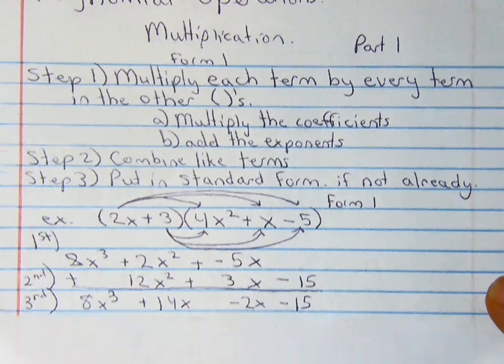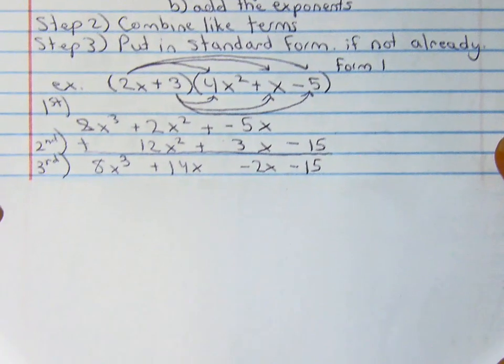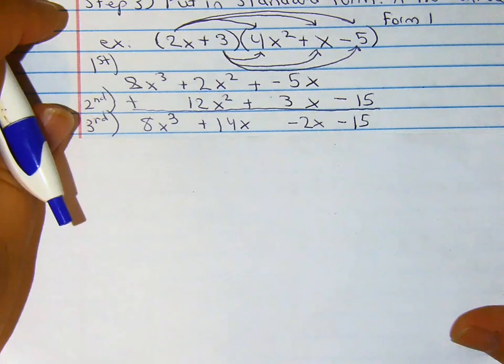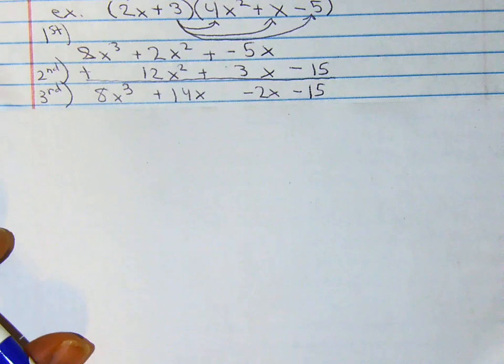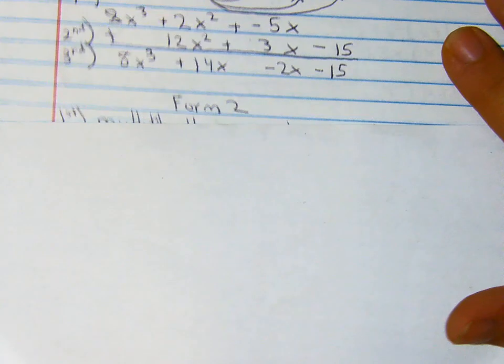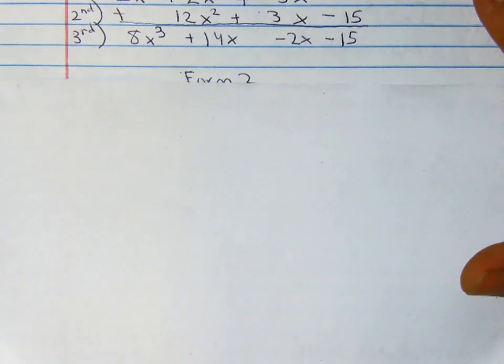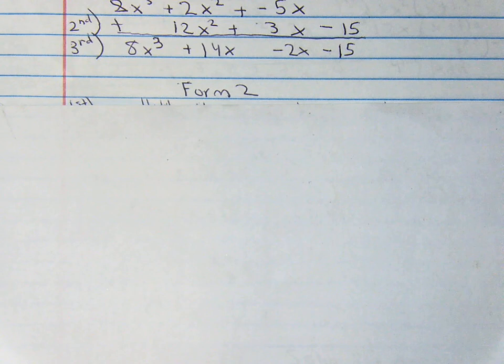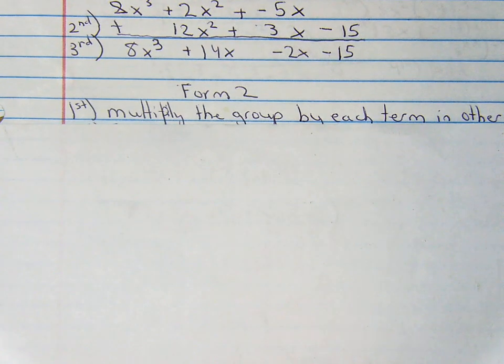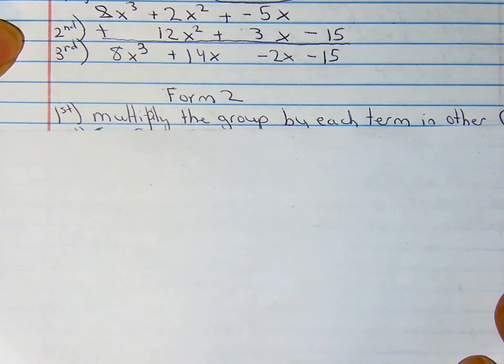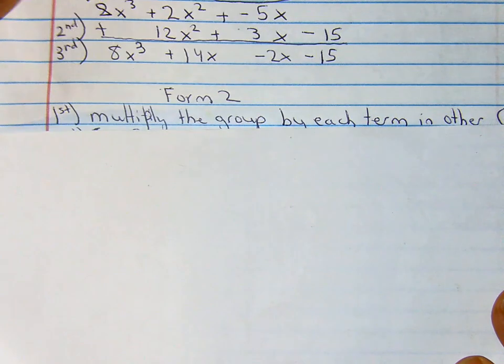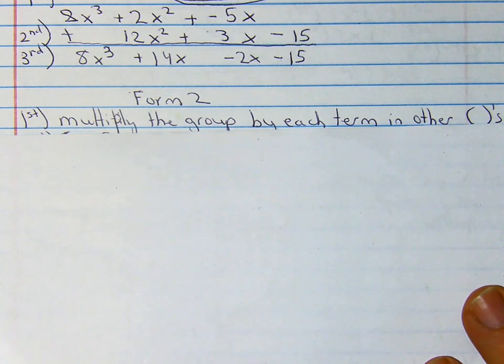Okay, so let's scoot this up. Okay, so let's look at form 2. So first you'll multiply the group by each term in the other parentheses.